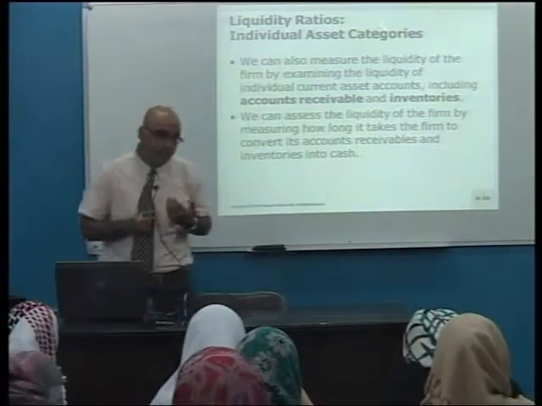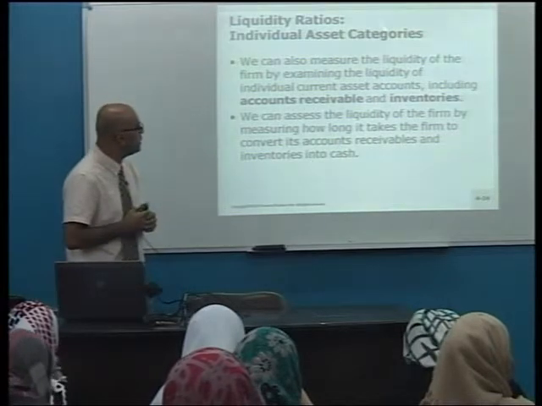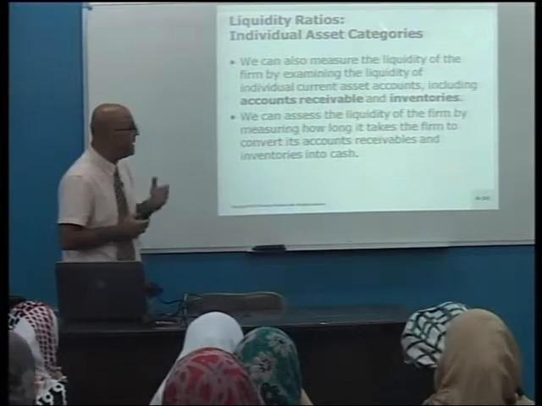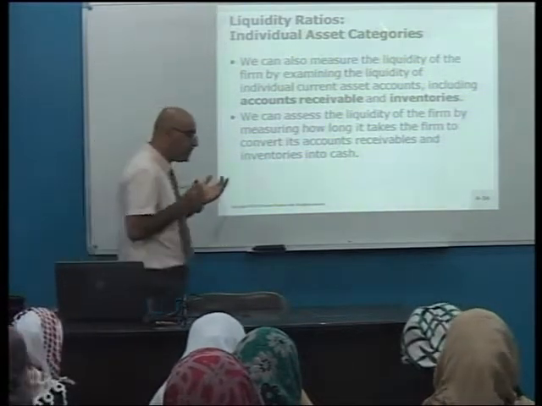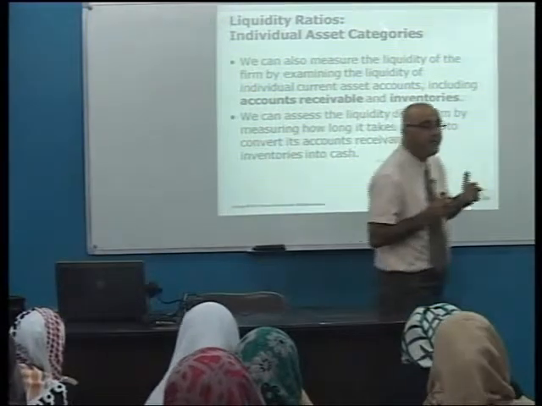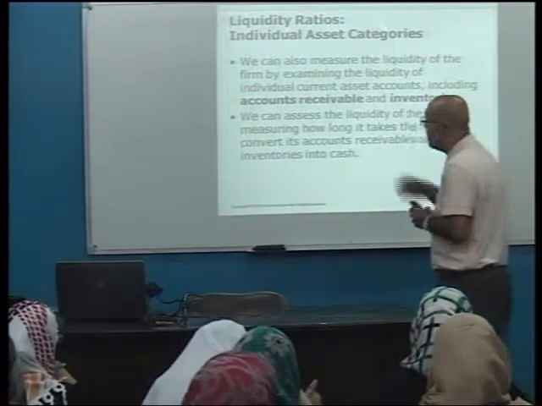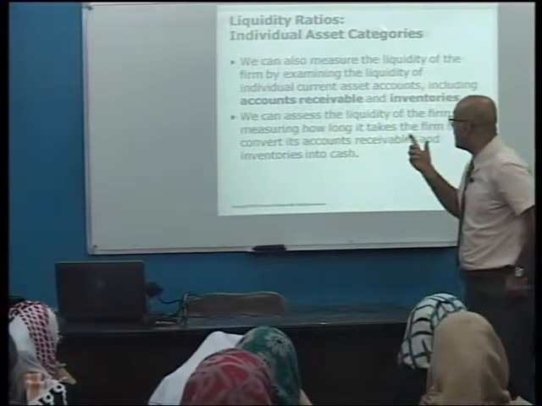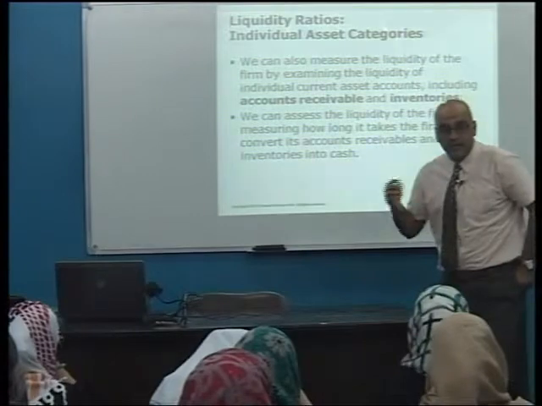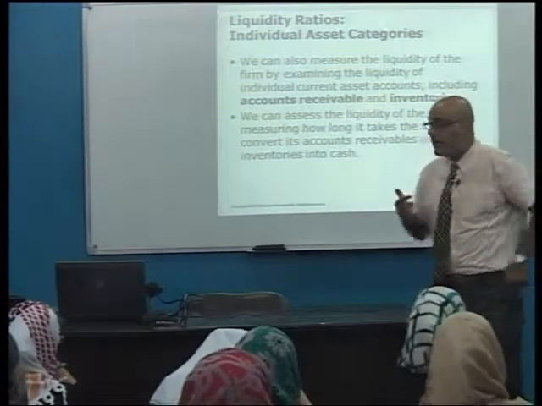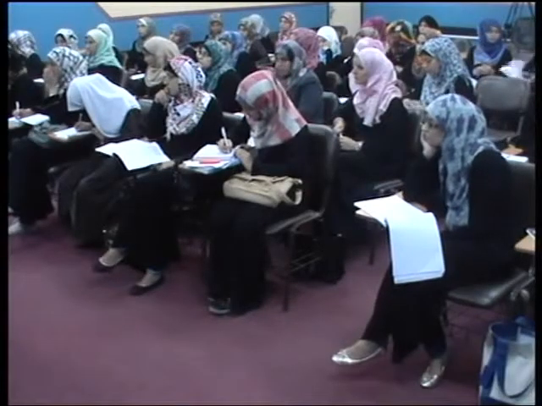The importance of these two items, the account receivable and the inventory, is that they have a direct impact on the cash. So it means if we have efficient management of the account receivable and the inventory, it generates more cash. Let's look at the account receivable.